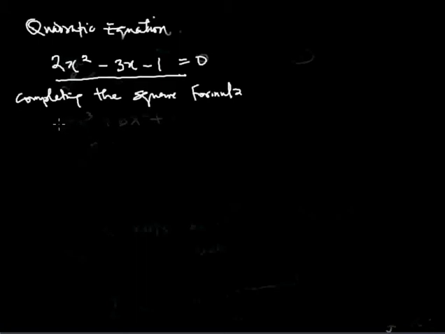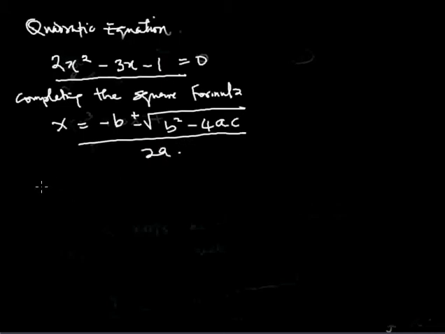And this means we can get the value of x. It's going to be two values, by using this particular formula, minus b plus or minus square root of b squared minus 4ac over 2a.